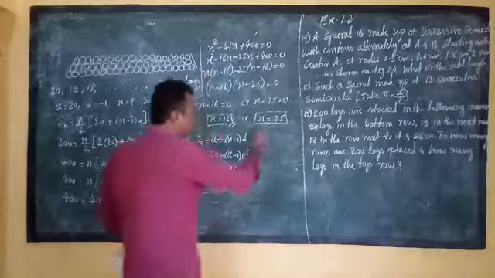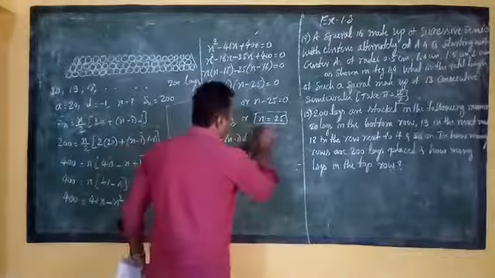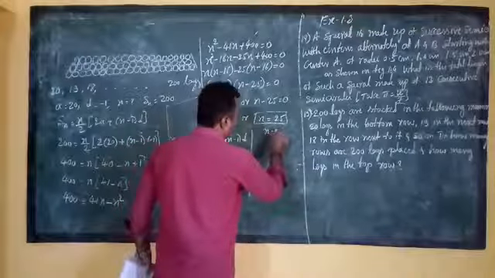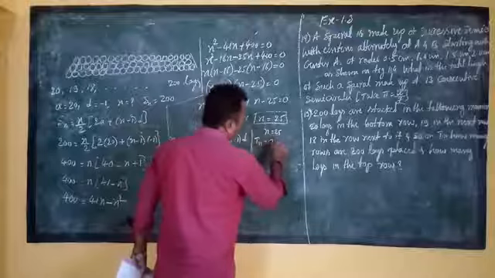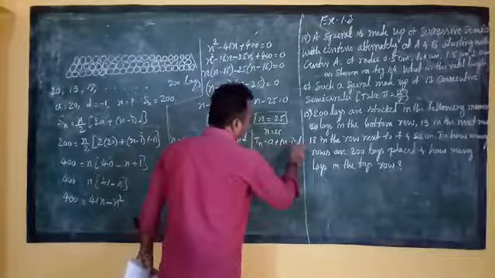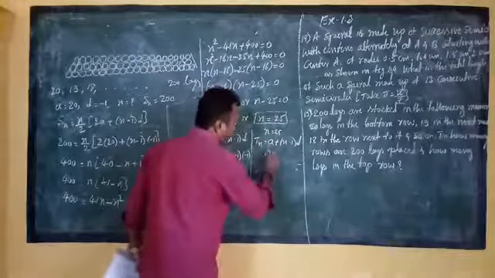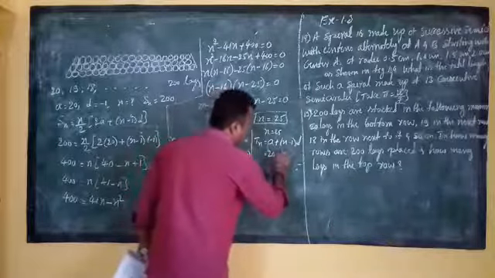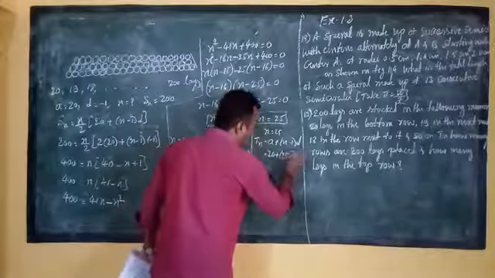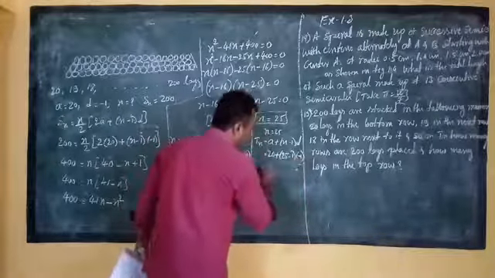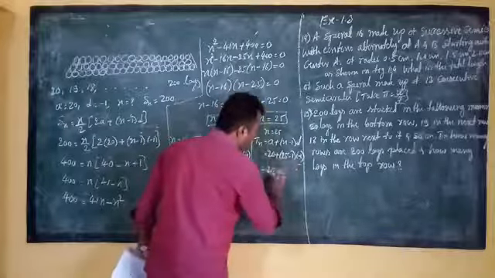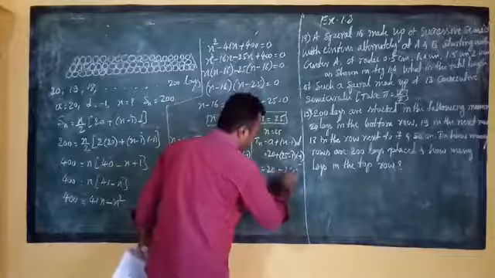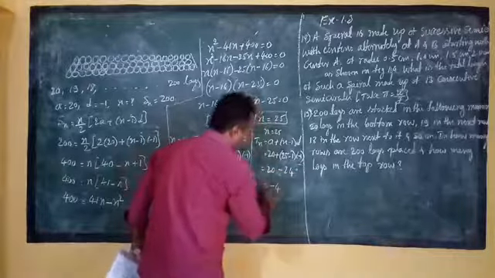Now the other one, n is equal to 25. So now we have to calculate Tn is equal to a plus (n minus 1) into d. Let us check it. 20 plus (25 minus 1) into minus 1, so 20 minus 24, it becomes minus 4.